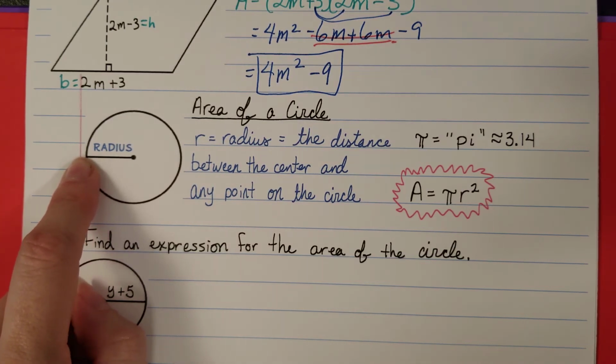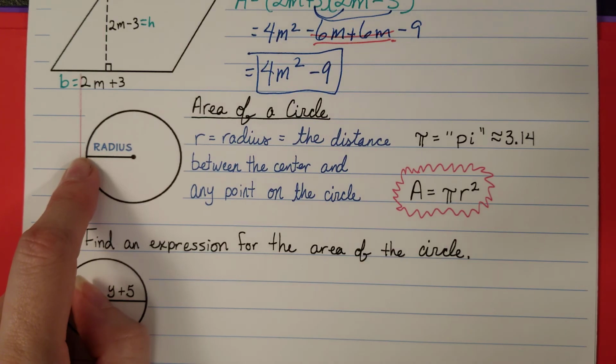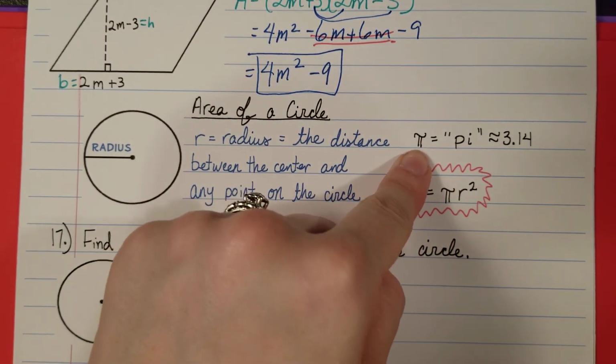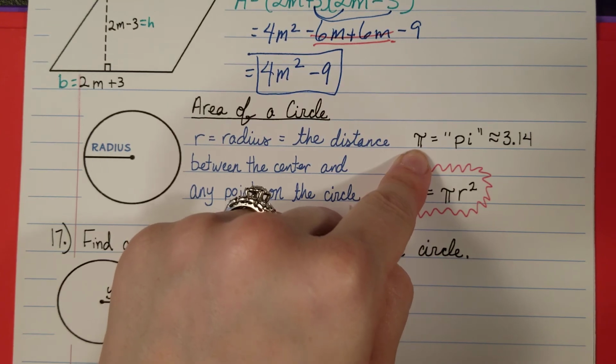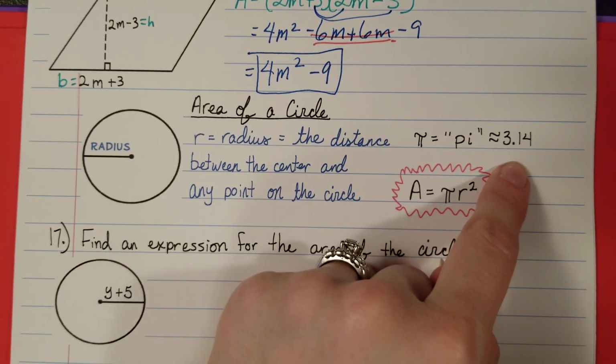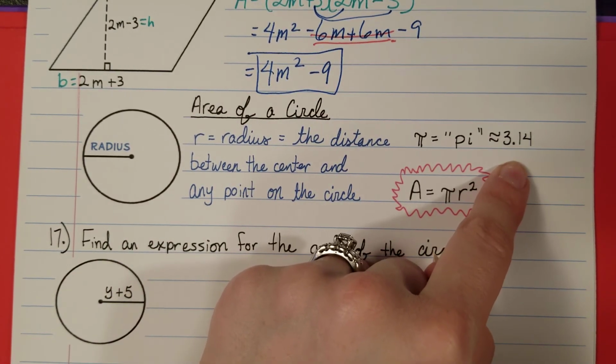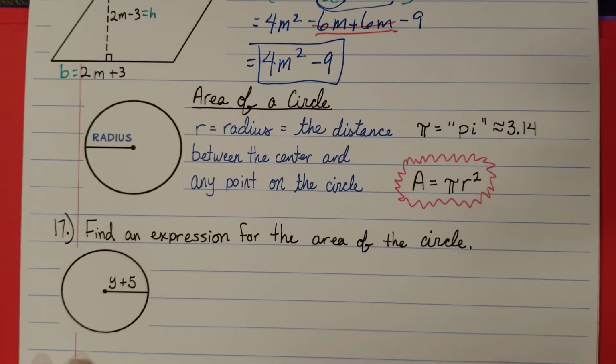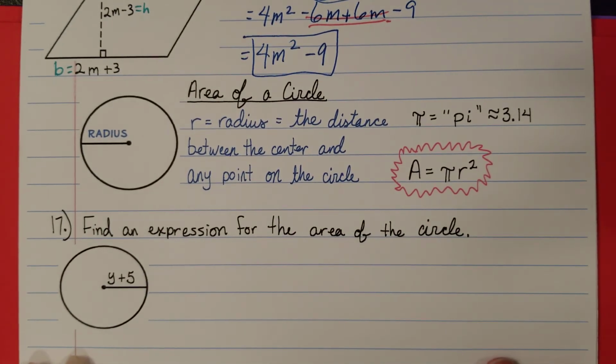And then pi is a number, which is represented by this Greek letter symbol here. And it's approximately equal to 3.14, but you don't actually need to know that because when we're doing our problem, we're just going to leave it as the pi symbol. Okay, so we want to find an expression for the area of the circle.